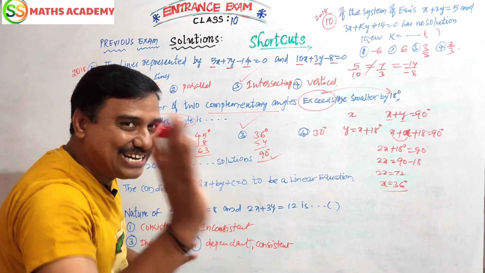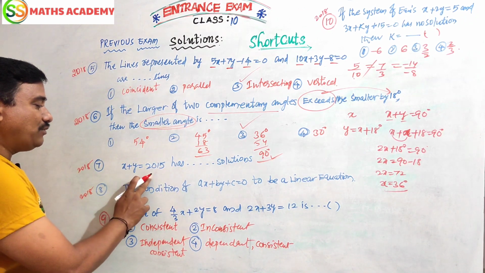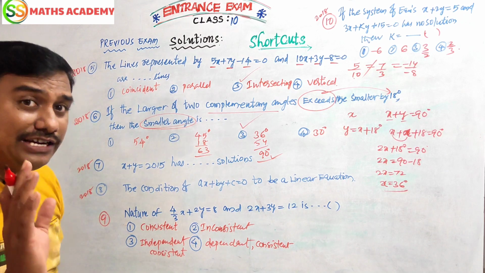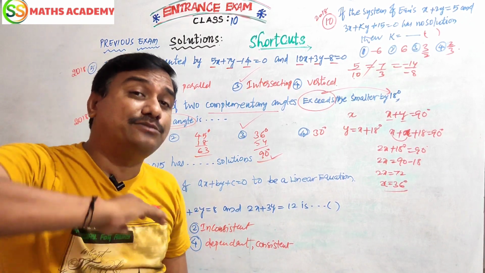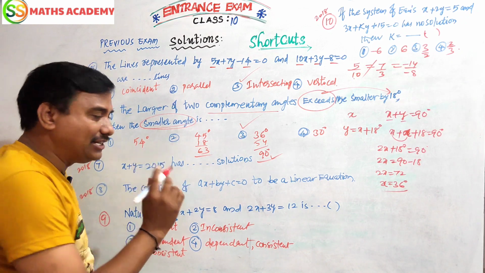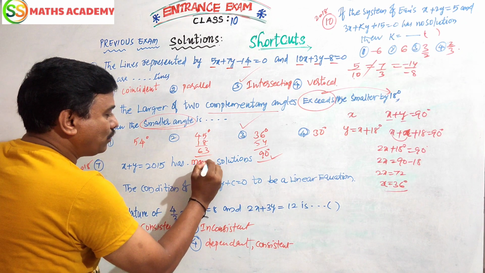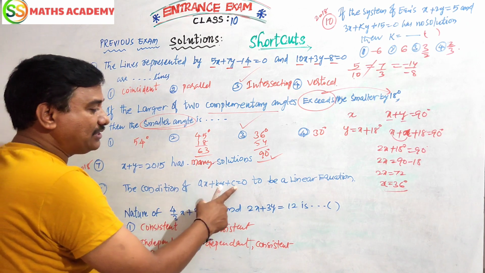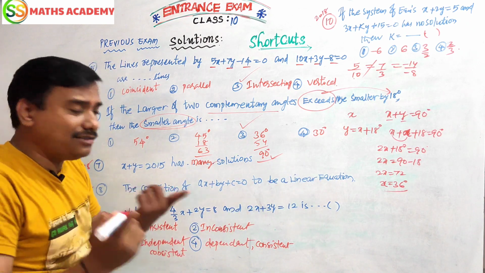Am I right? Now, if x plus y equals 2015, it has dash solution. I told you every linear equation in two variables has many solutions. So here 2015, 21, 22, whatever is given, it has many solutions. No doubt at all. What is the condition for ax plus by plus c equals 0 to be a linear equation? Simple.